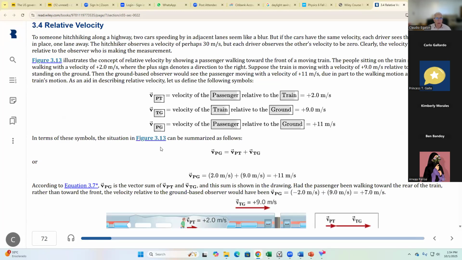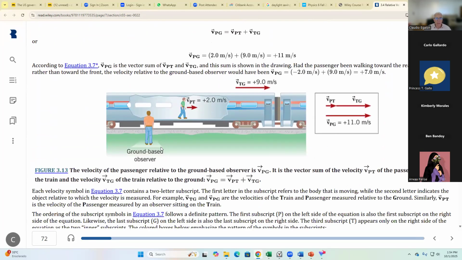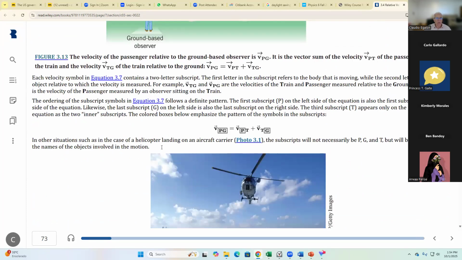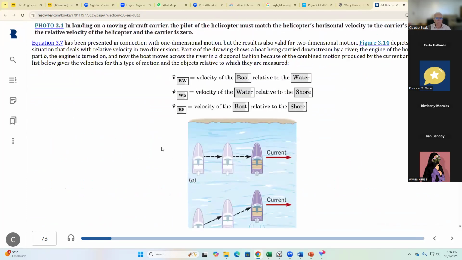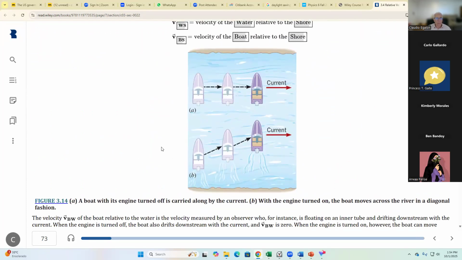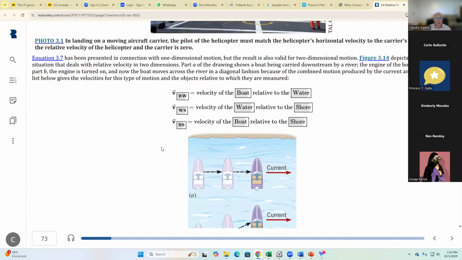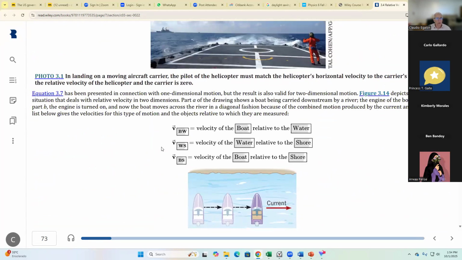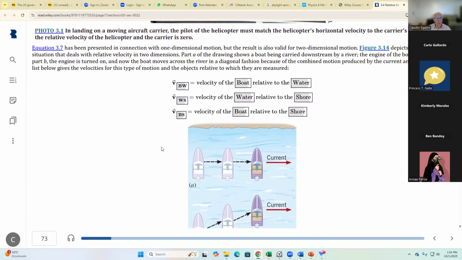Here you go. Here's an example for one-dimensional, 1D. And here's the 2D example that I mentioned to you.